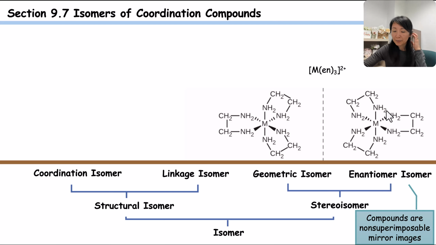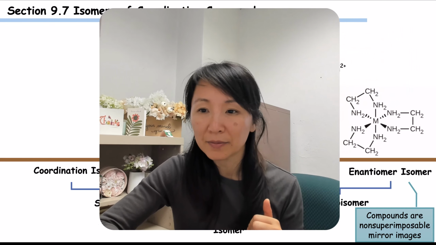Now, this image really shows that they are actually not the same, because if I were to take this entire image and place it on top of here, no matter what I do, they're not going to be right on top of one another. I'm going to show you a demonstration of what that looks like.